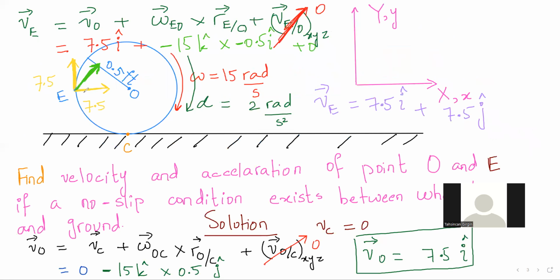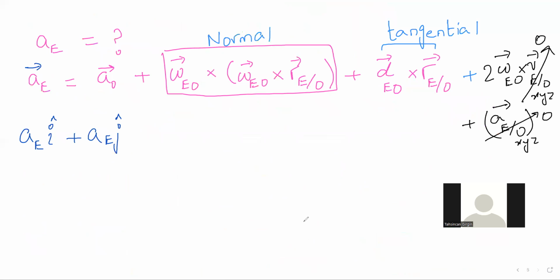Look, what you are telling me is that E will have two components, I and J. I agree. My question is, why did I write AE, I and J? You are telling me that AE has an I and J component. I agree with you. Will it have equal components? No. You see my point. What you are telling me is that the I and J components are equal, which is wrong.